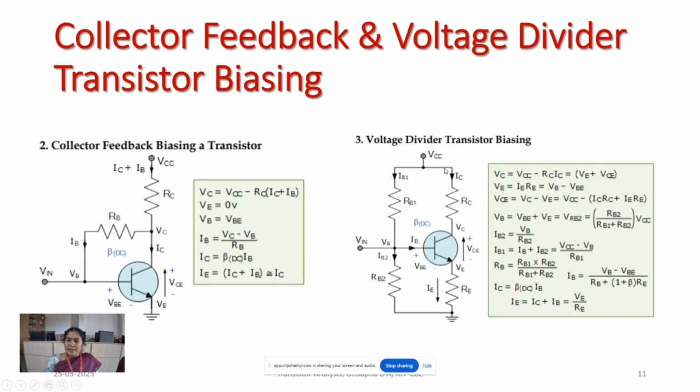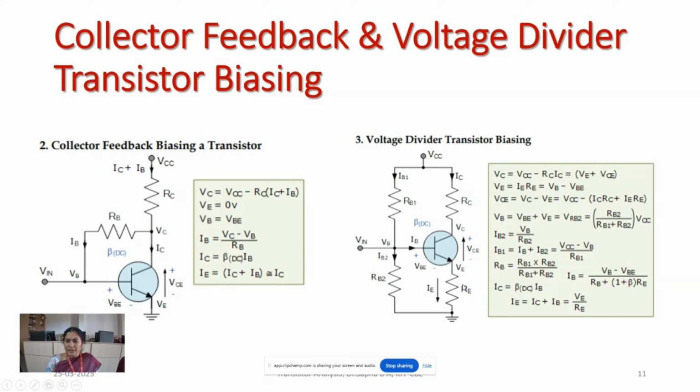In this circuit, across this terminal, VC will be equal to VCC minus ICRC. So we get the voltage across the collector section, and this will also be equal to VE plus VCE.